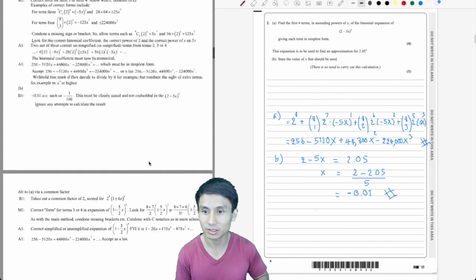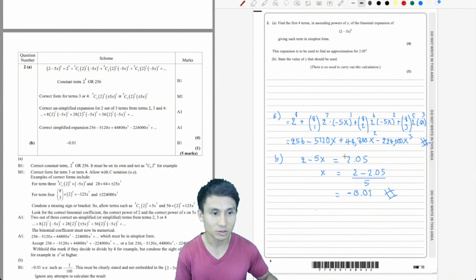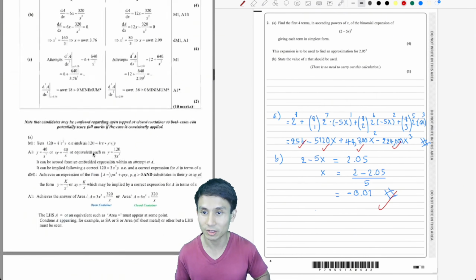Second question, okay, so constant term, 256, and then minus that. So, okay, let's check term by term. Yeah, got all of them. 0.0 minus 0.01. Okay, that's fine.